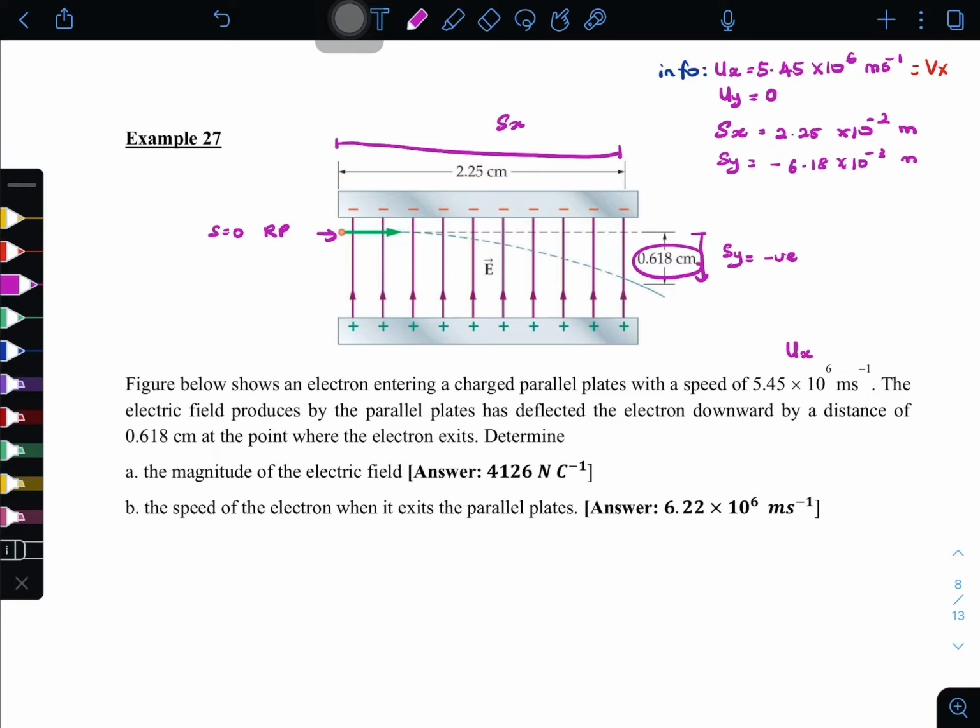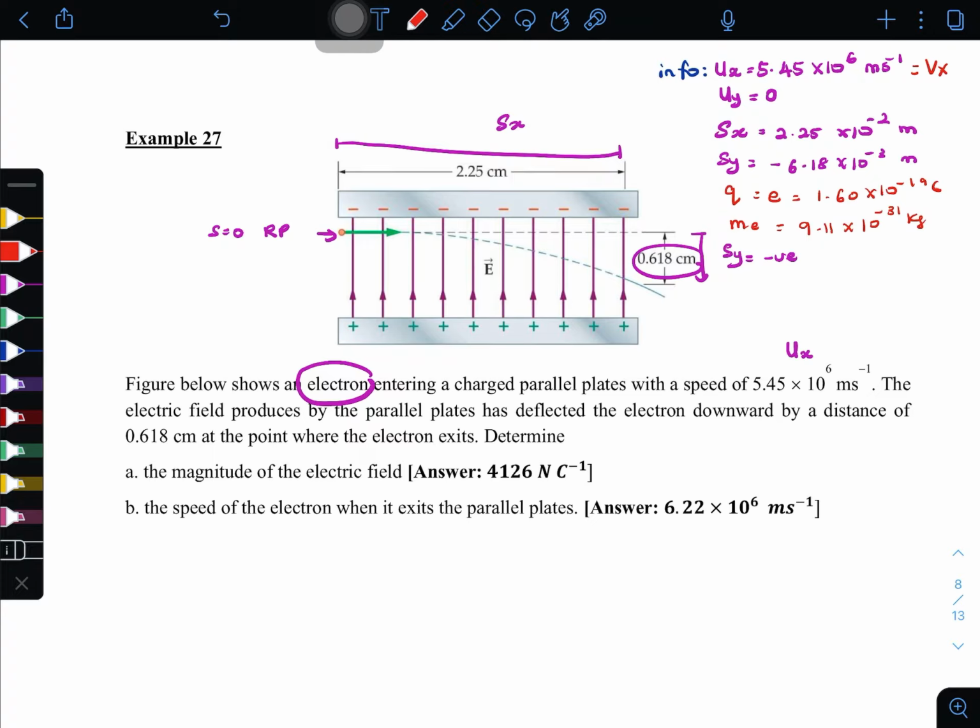We know it is an electron, and because it is mentioned here that it is an electron, we know the charge for the electron, Q is equal to e, and its value is 1.6 × 10^-19 coulomb, and the mass for the electron is 9.11 × 10^-31 kilogram.